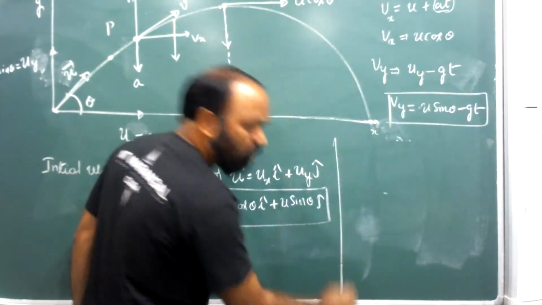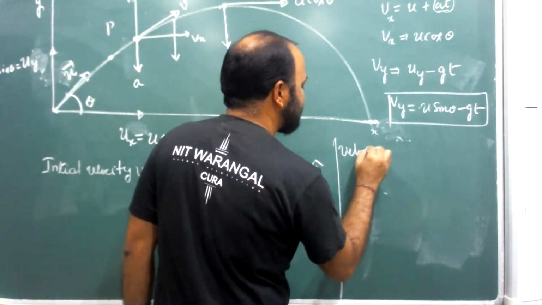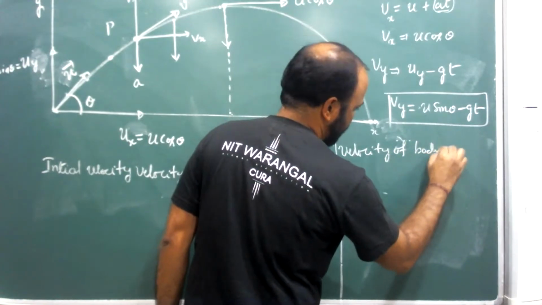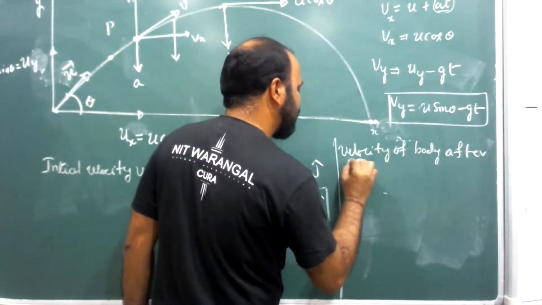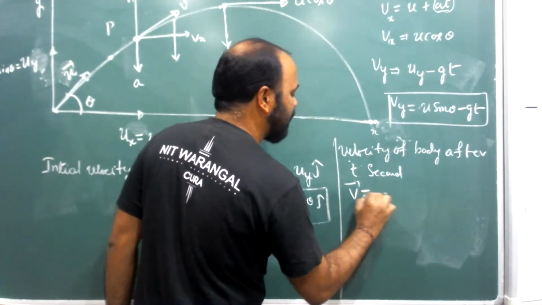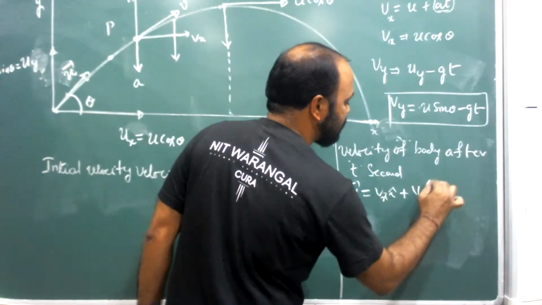Now, if they ask what is the velocity of a projectile after t seconds, we can write v bar equals Vx i cap plus Vy j cap.